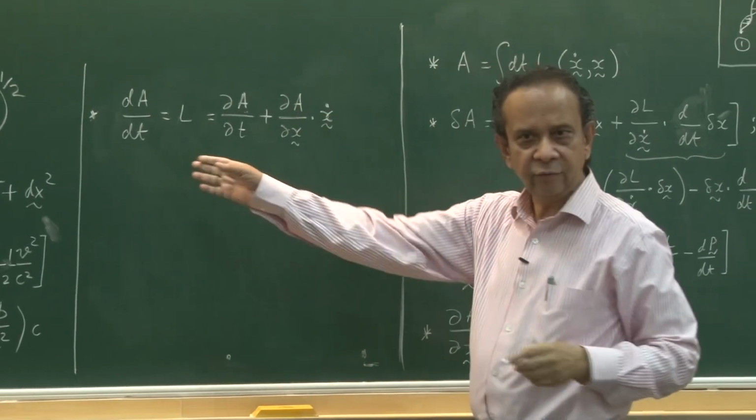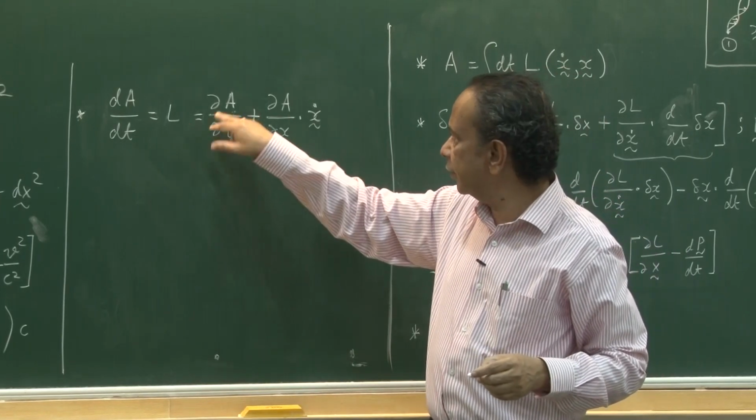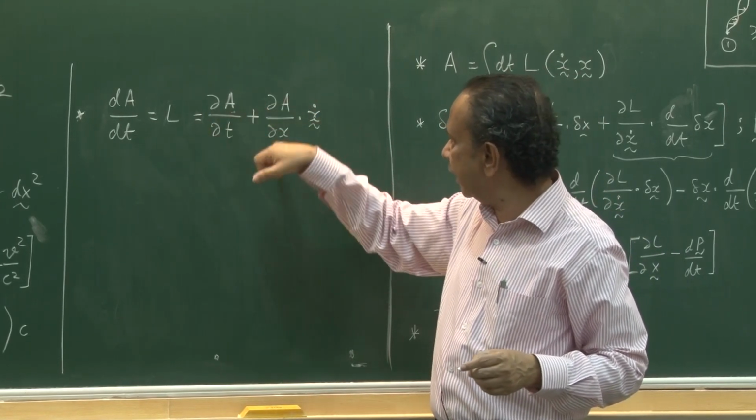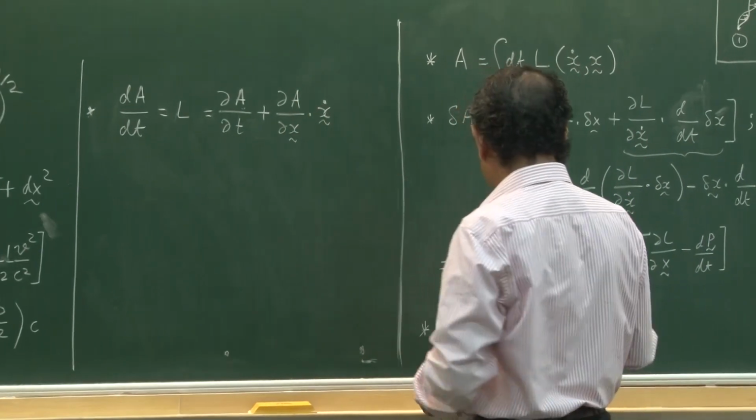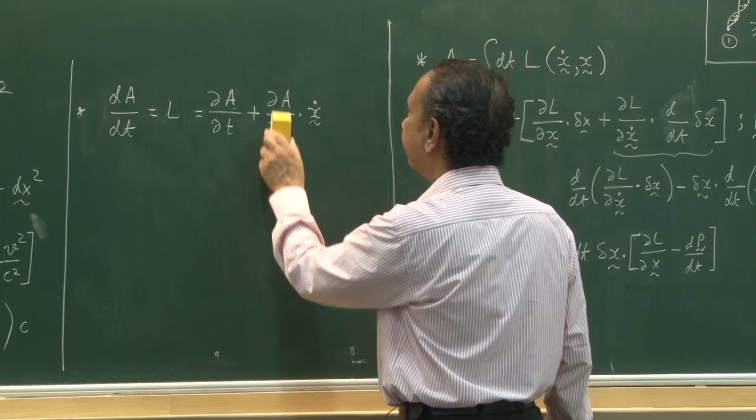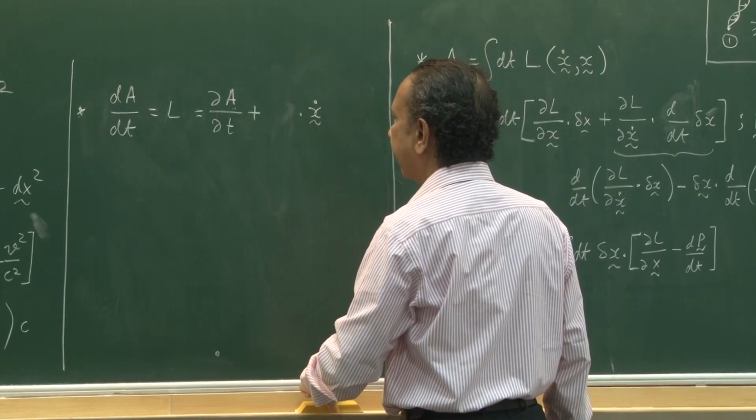It is just the rule of partial derivatives: the total derivative is the partial derivative plus, since A depends on x and x depends on t, this term. So, you get this. This dA by dx we already evaluated, that is equal to p. So, there is a p times x dot.